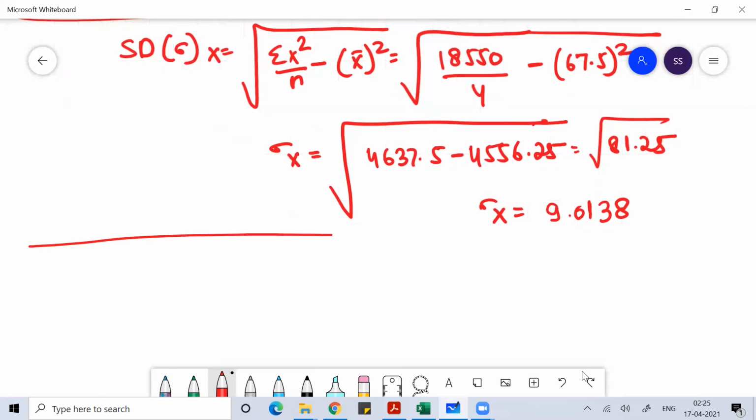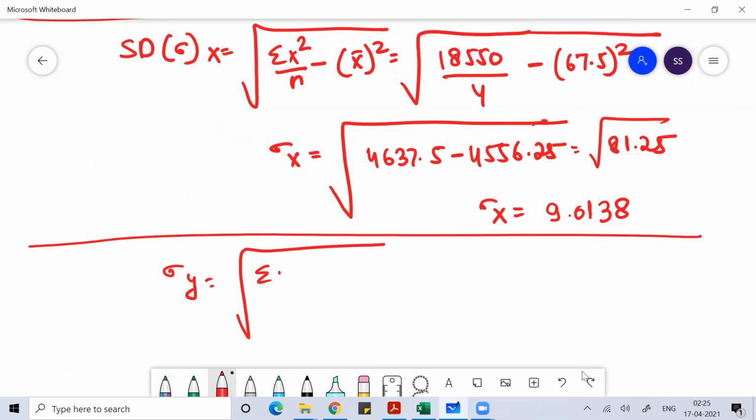Like this, I'll find the standard deviation of y. That is under root of y square by n minus y bar square.